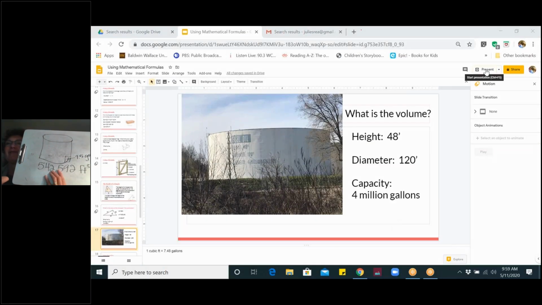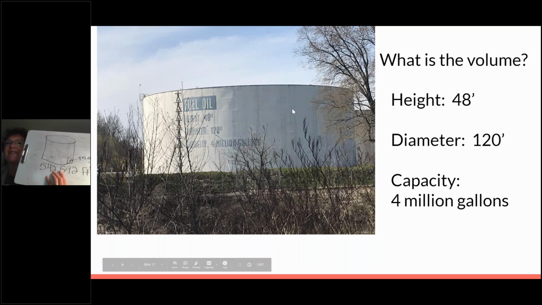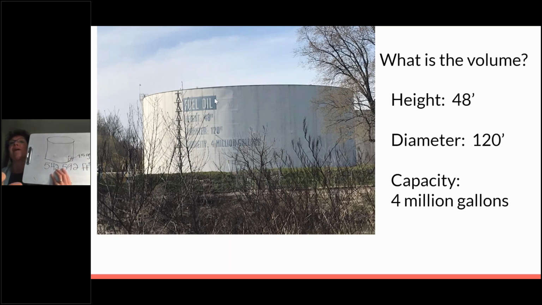So there's a real life example of the volume of a cylinder, and interestingly enough, there are 13 of these in that one location. What are those? They contain gasoline.